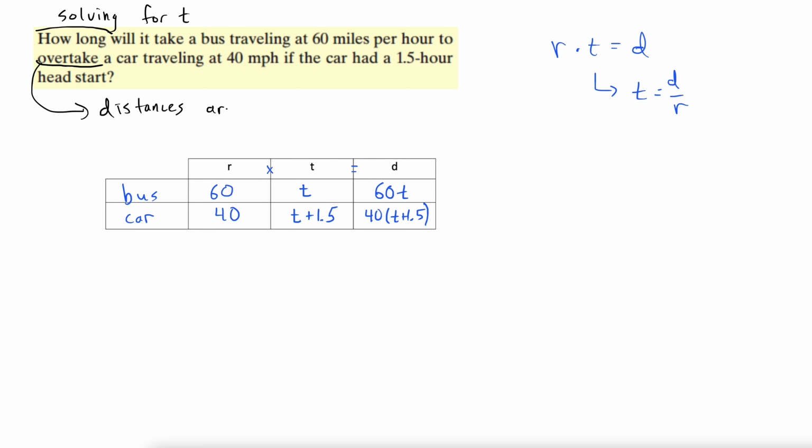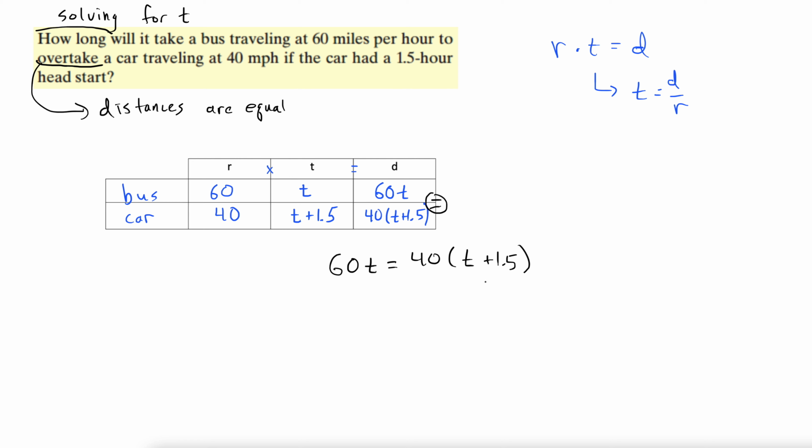Can you imagine that? Imagine a bus that started out, and it finally is passing the car right at that moment. The distances that they have traveled are equal. So we take this distance here and set it equal to this distance down here. So we have 60t equals 40 times t plus 1.5.